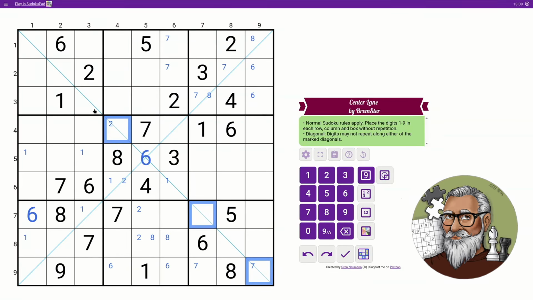Okay, what about 1? Well, again, this could be 1, and either of these could be 1. So that's again not useful.